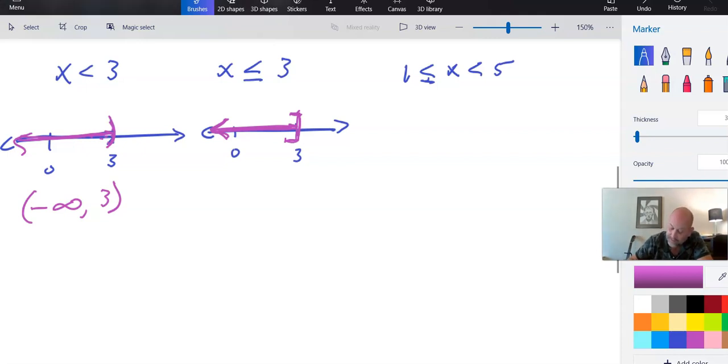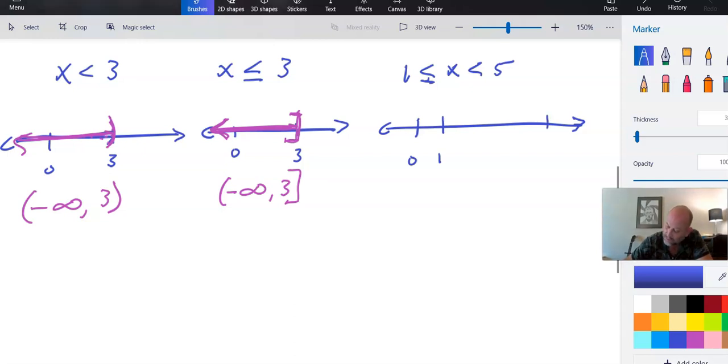So same thing here now. If we're going to use the interval notation, it goes from negative infinity up to 3 again, but this time it uses the square bracket to indicate that 3 is part of the solution. Then over here, let's say 0's there, 1's there, and we'll go all the way up to 5. Excuse me. Now, with this one, this is everything between 1 and 5.